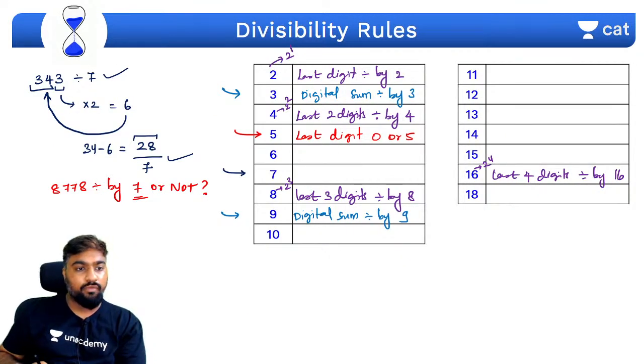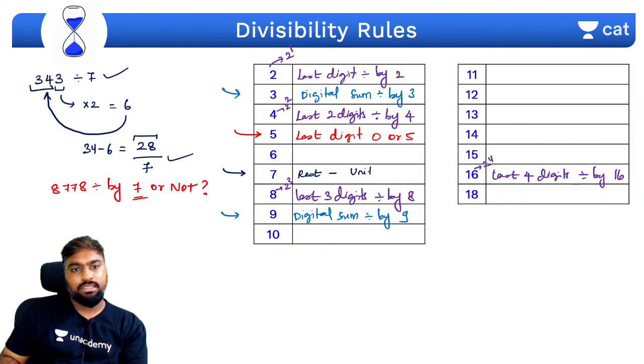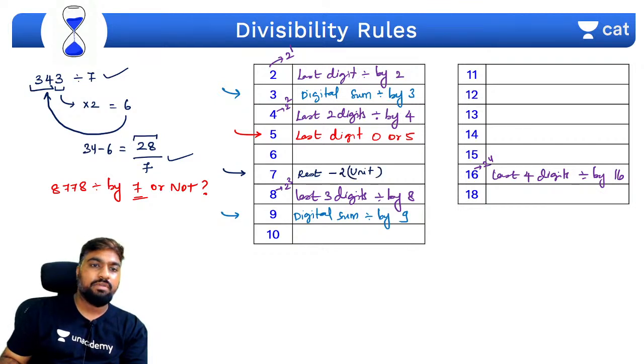If you want to go by its rule, then it is: rest of the number minus units digit ka double. Cool? Yeah, that's with 7.